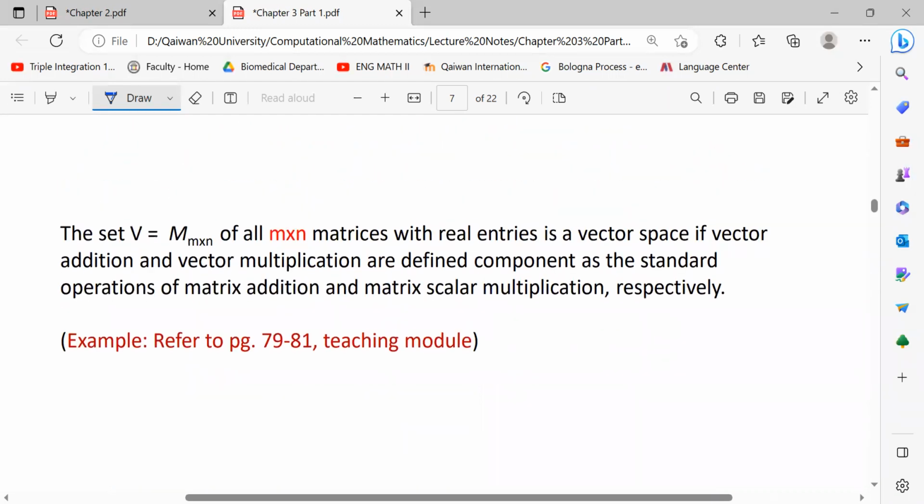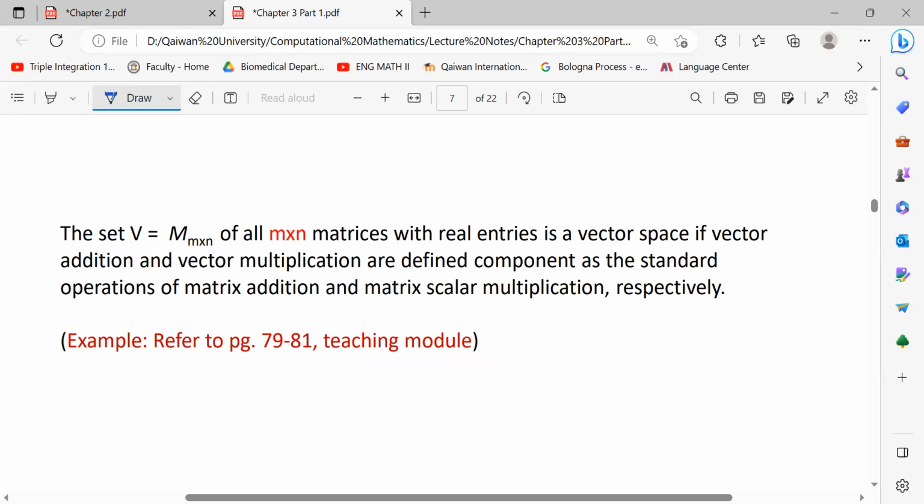Here's another example. It says the set V to be M by N. That means V is the set of all matrices of the size M by N. It says this space is a vector space. Of course, it is a vector space.